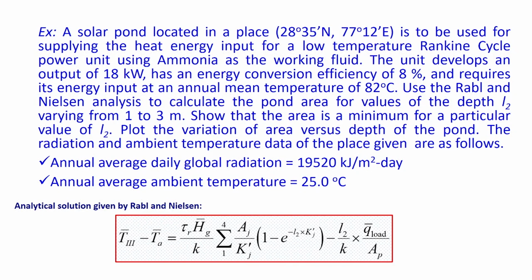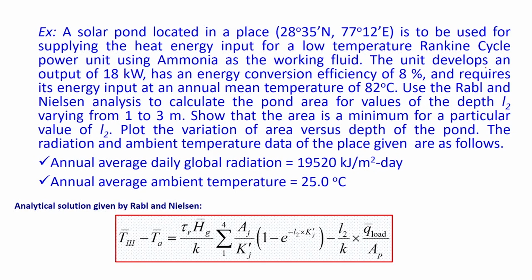The exercise goes something like this: a solar pond located in a place with latitude and longitude of 28 degree 35 minute north and 77 degree 12 minute east is to be used for supplying the heat energy input for a low temperature Rankine cycle power unit using ammonia as working fluid.